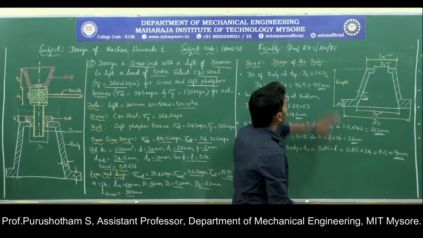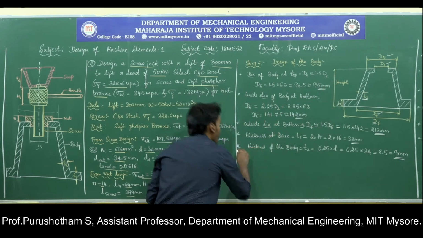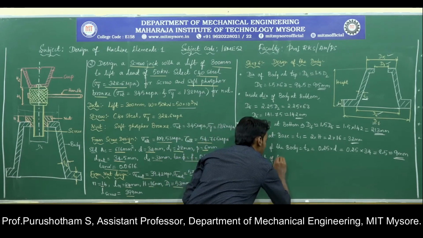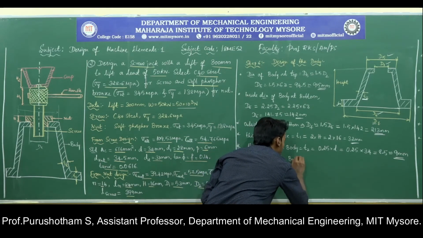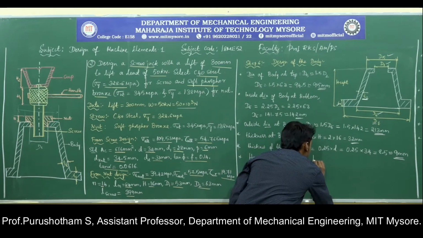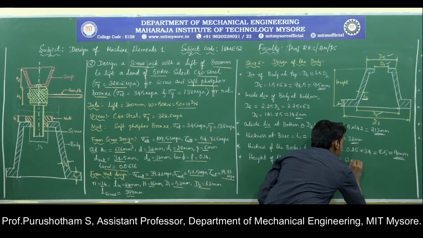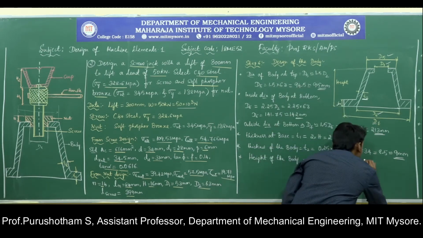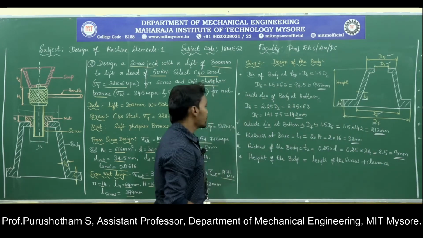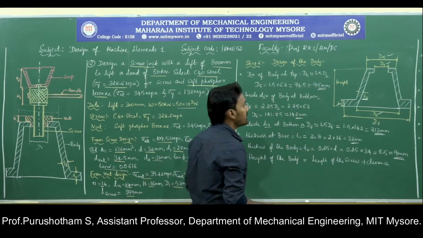We are left with the height of the body, which is given by the length of the screw plus clearance. The height of the body is determined based on the length of the screw as well as the clearance.